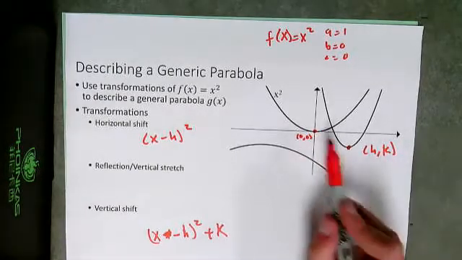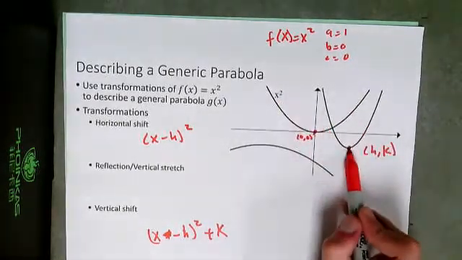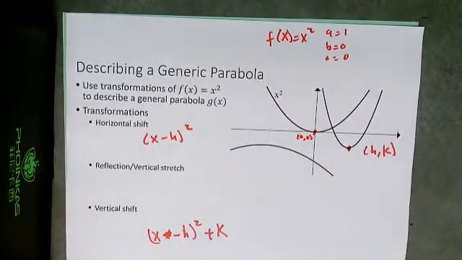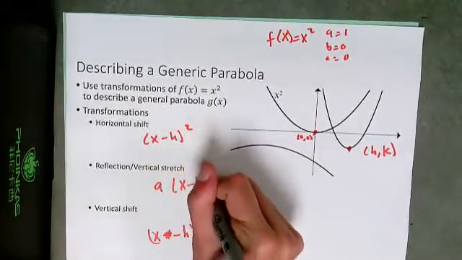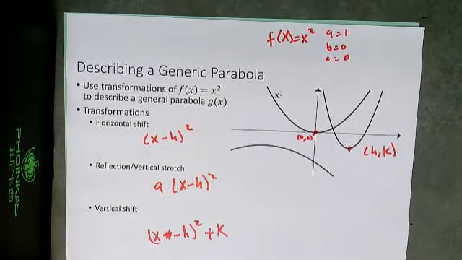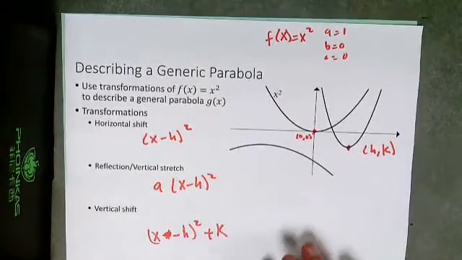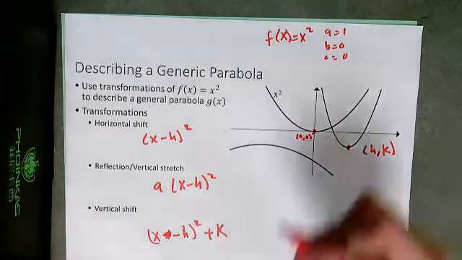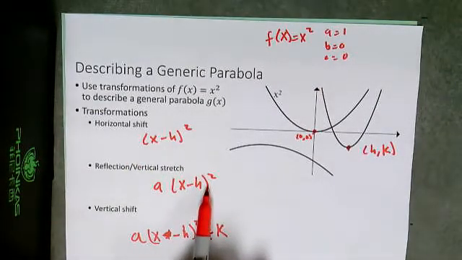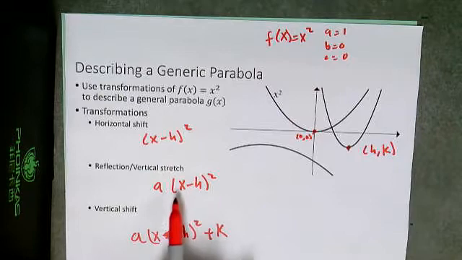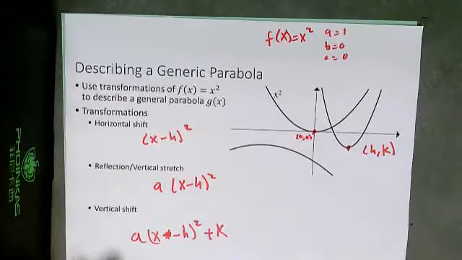So this function goes to this function, which has a new vertex, h comma k. Reflections and vertical stretches happen when we multiply by a times x minus h quantity squared, right? So we have a horizontal shift, then a reflection or vertical stretch, and then shift vertically. We get different transformations.